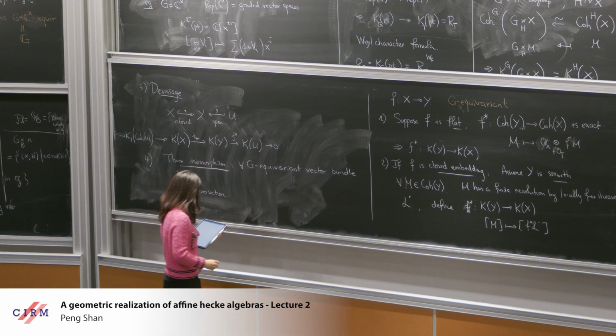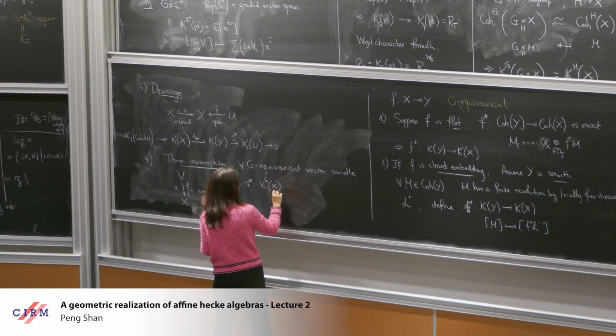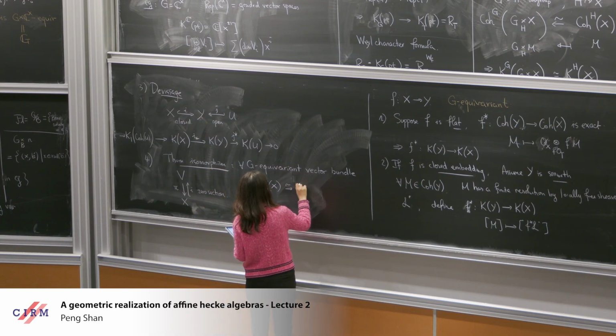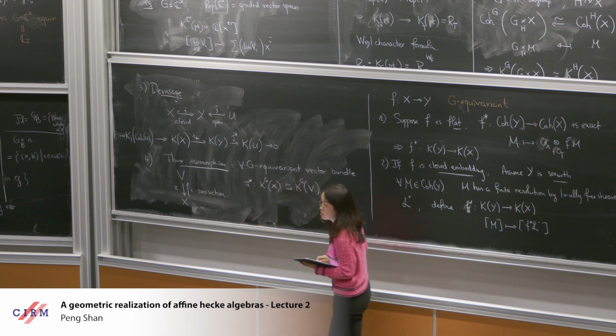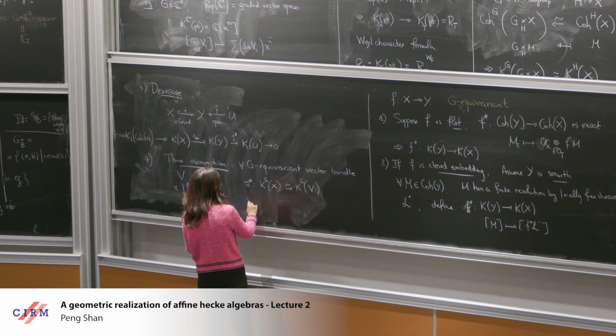Then the theorem says the pullback by pi yields an isomorphism between the equivariant K-theory of X and the equivariant K-theory of V, with an inverse given by i upper star.